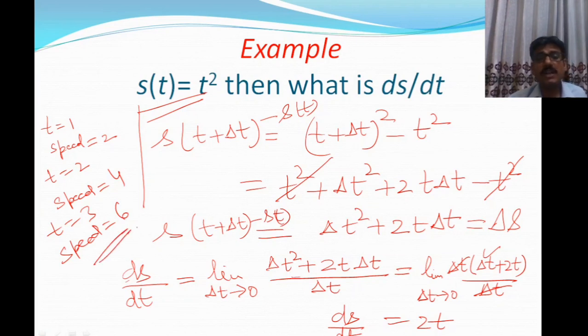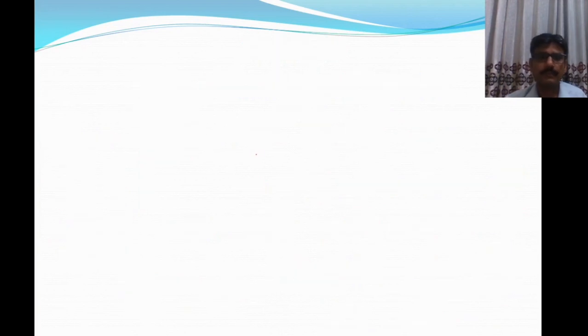So at any instant we can calculate the rate of change, and it is speed where s is the distance function. Otherwise, for a continuous function in general, we get the rate of change of the function with respect to the independent variable. So this is the concept of differentiation.